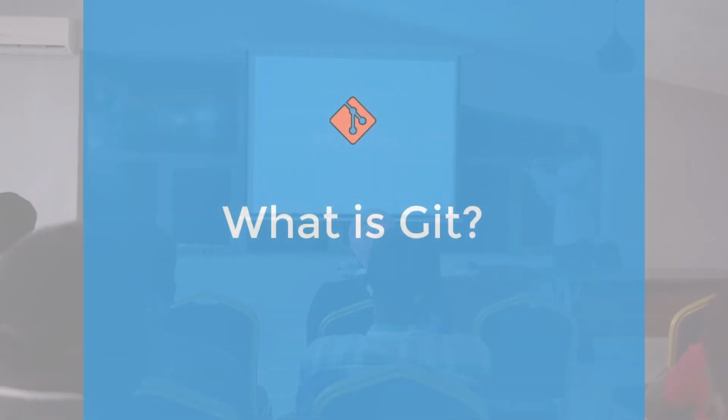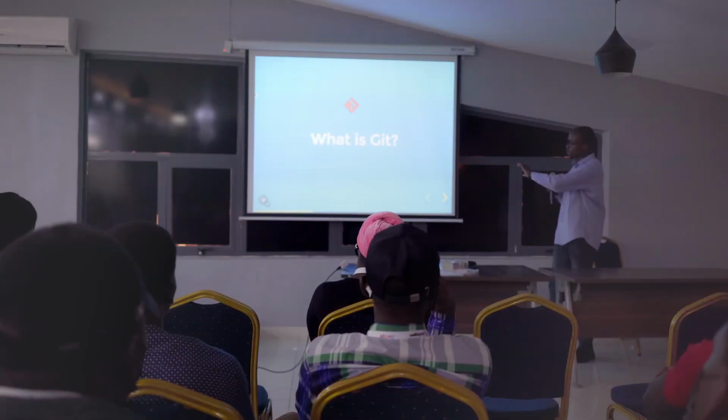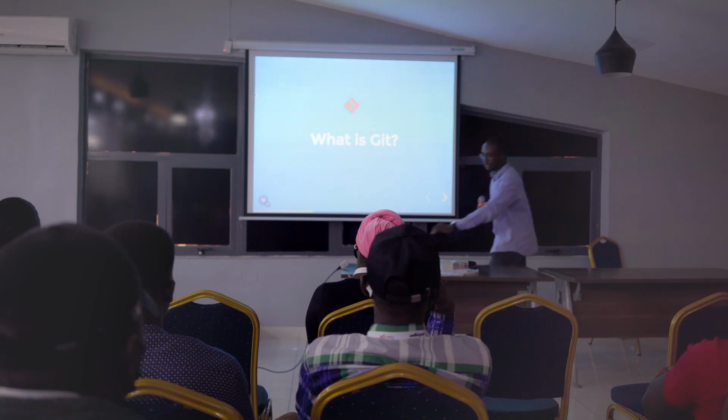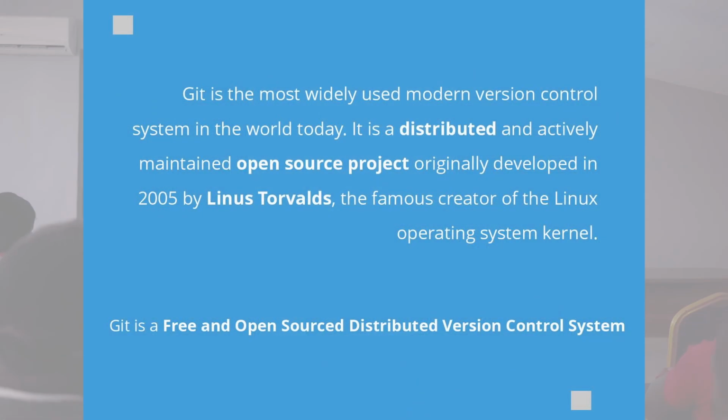So this is the main focus of today, Git, right? I mentioned it several times, but we'll be talking about Git. So Git is like the most widely used version control system today. It's distributed and it was developed by Linus Torvalds, the famous creator of Linux, the previous workshop that was talking about Linus, and also the same person created Git.